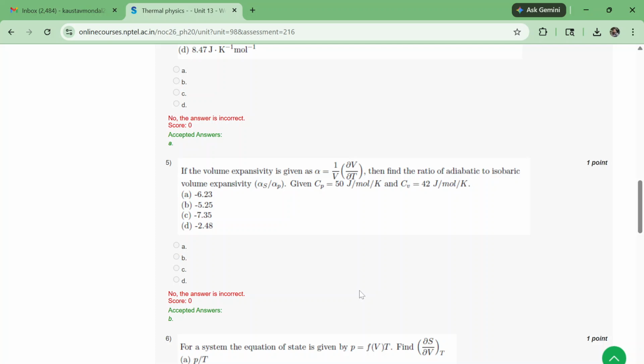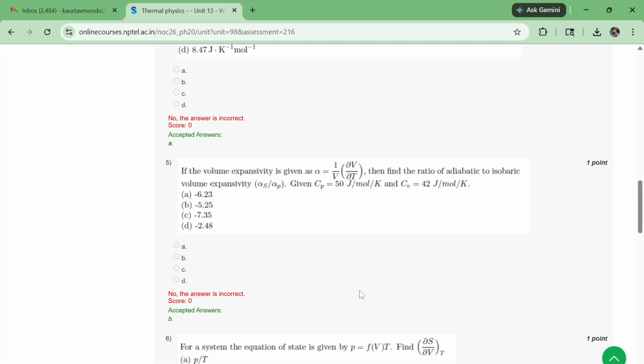Okay, so I will first have to check whether this relation is correct or not. Maybe using some relation from Maxwell's relations to write this in terms of CP or CV. I have to find that out.